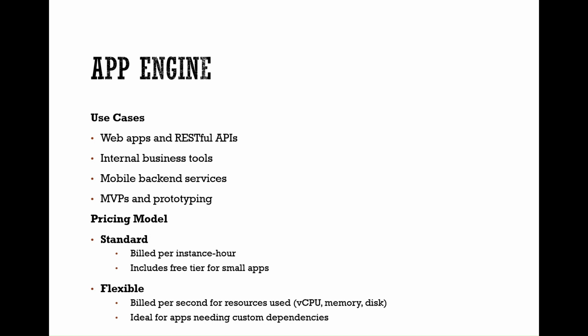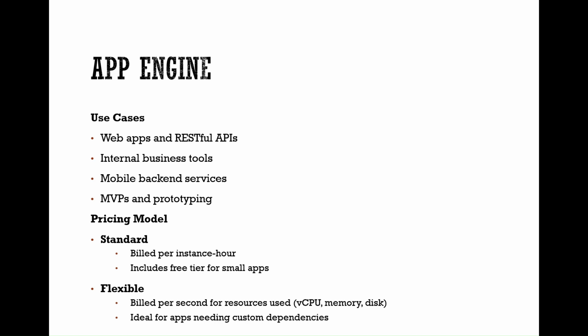Let's talk about the use cases. The use cases are not that vast, but you can create your own web application and deploy it in App Engine. If you want to create REST APIs, it supports that too. There are multiple internal business tools that are used via App Engine.